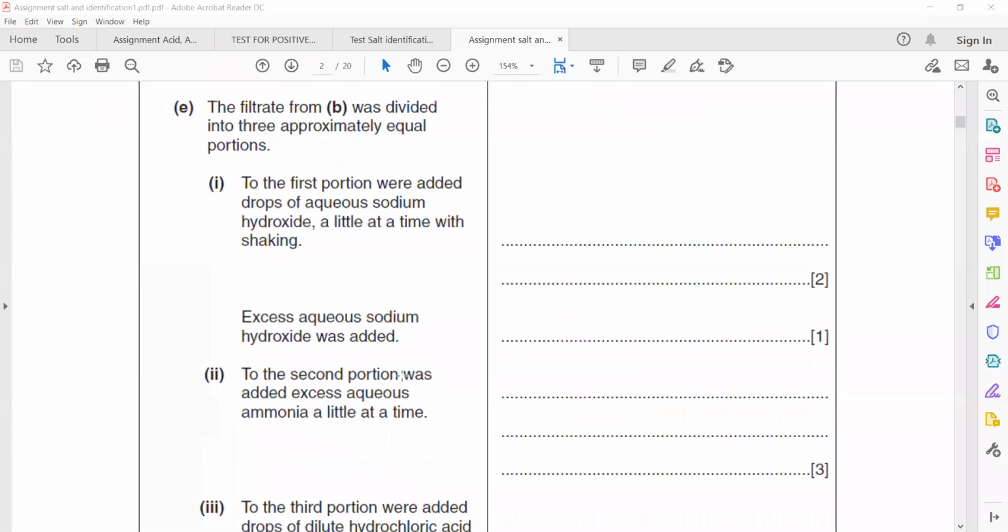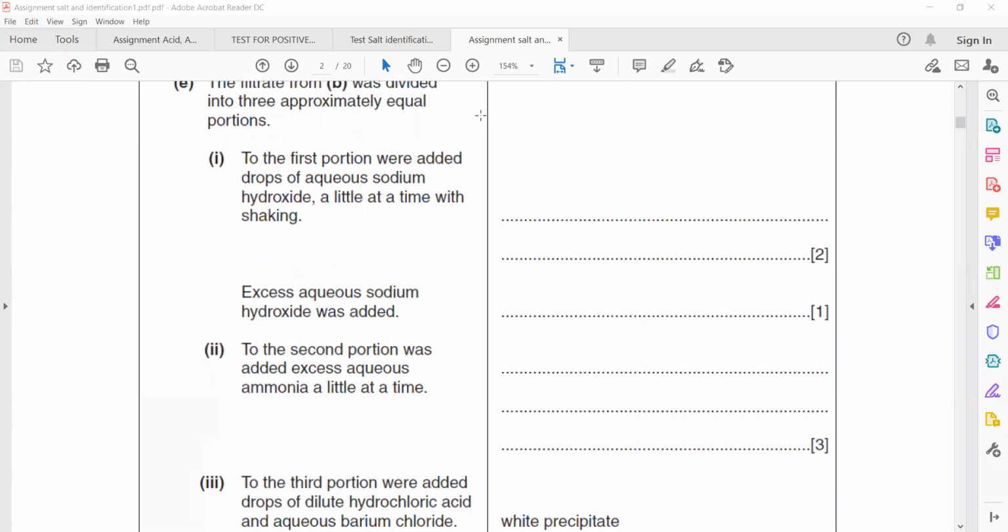To the second portion we added excess of aqueous ammonia. What is the observation? It will be a white precipitate, but this time the precipitate does not dissolve, because this was a test for the positive ion.